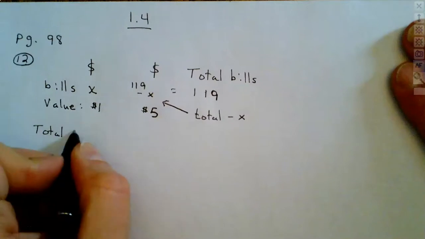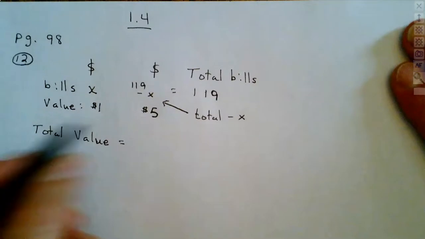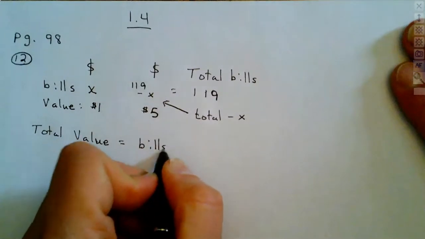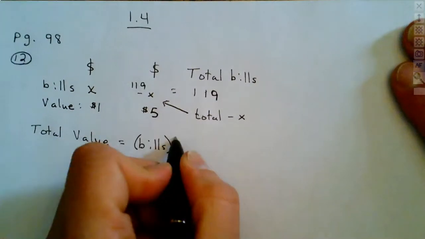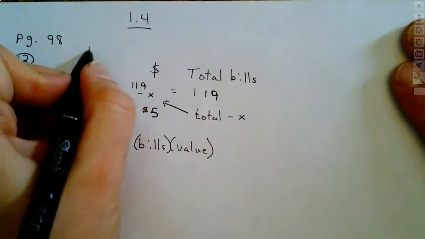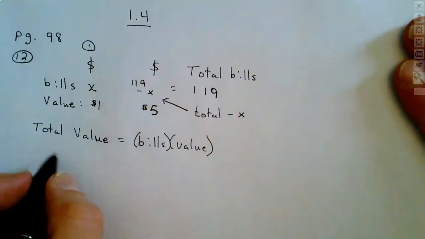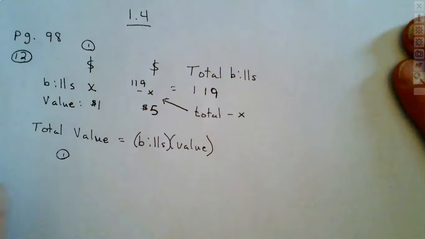And the total value of the money is going to be the number of bills times the value of each bill. So for our first one, we're looking at the $1 bills. So that's going to be just simply 1x, or just an x there.